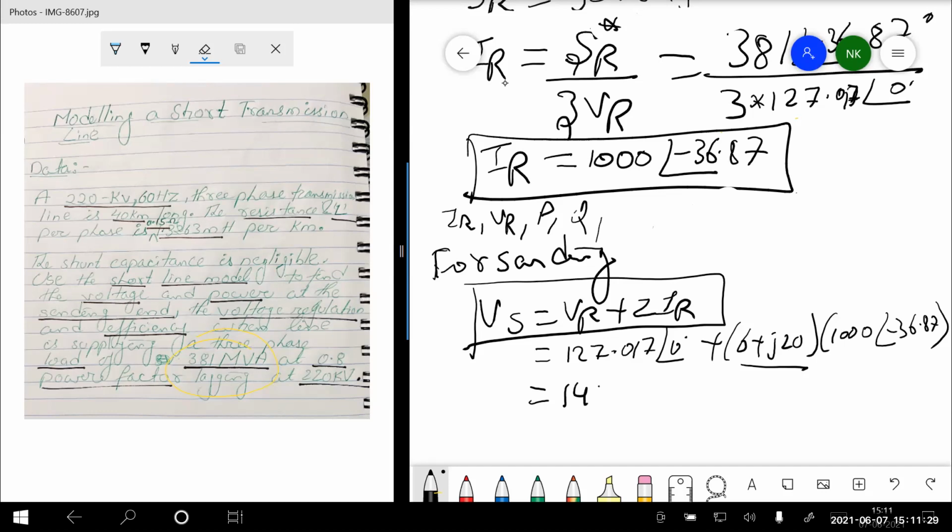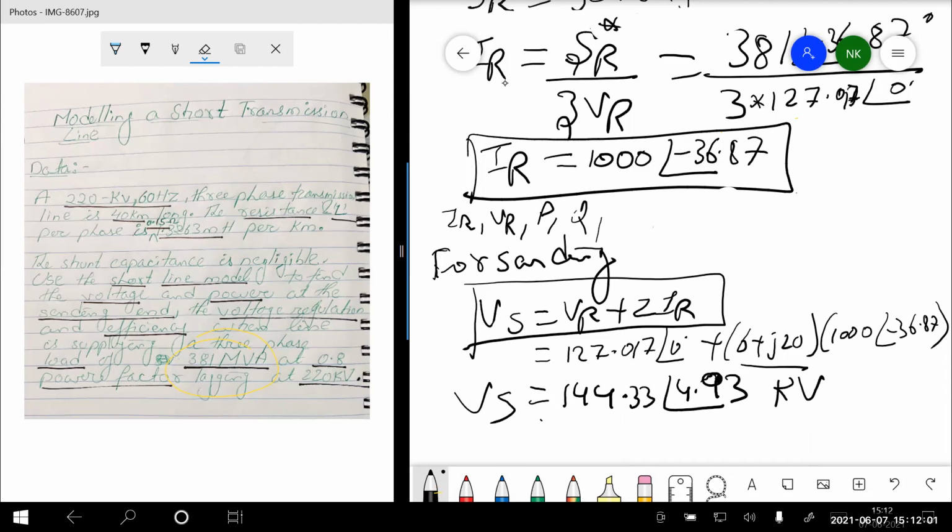We get 144.33 values, that is 4.93 kilovolts. This is your VS.